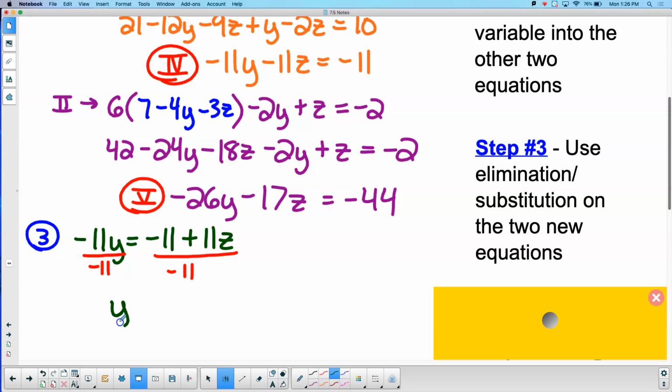That's going to give me y equals negative 11 divided by negative 11 is positive 1, positive 11 divided by negative 11 is negative 1 times z is negative 1z. Then I've got to replace y in equation 5 with that.